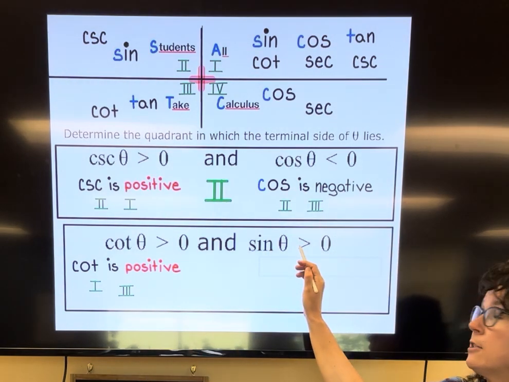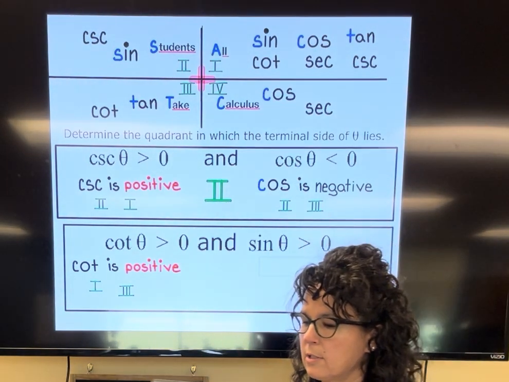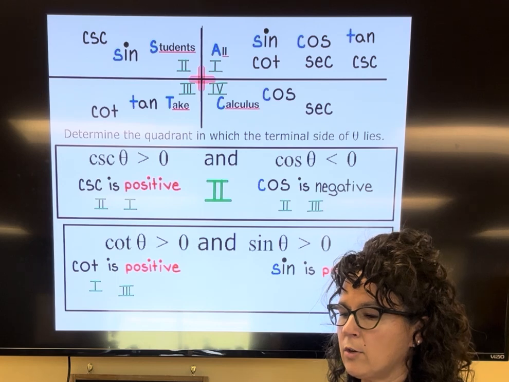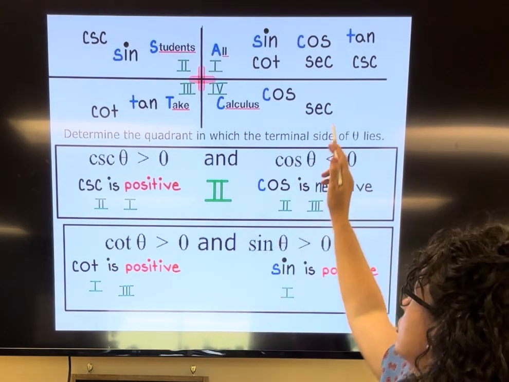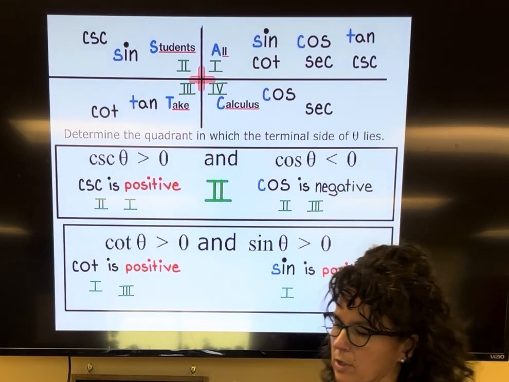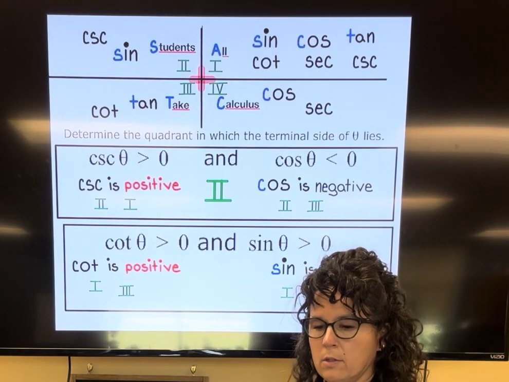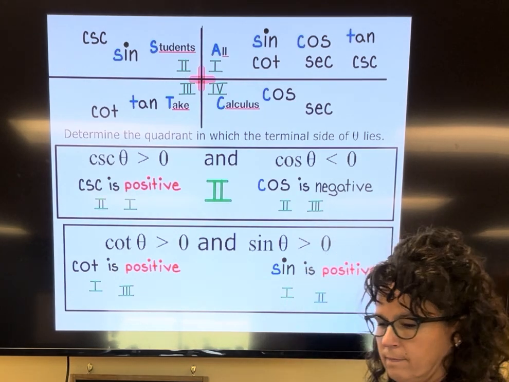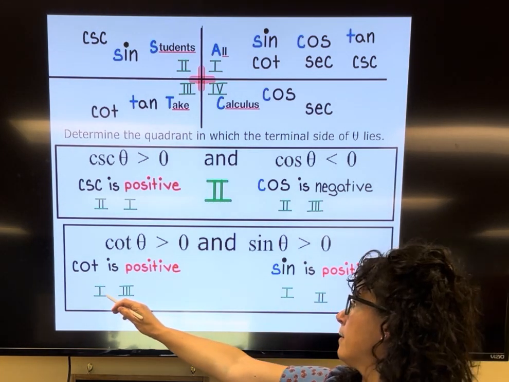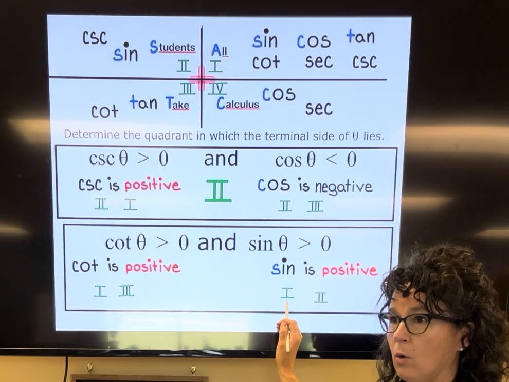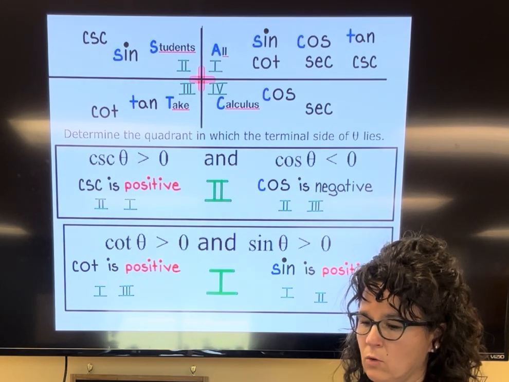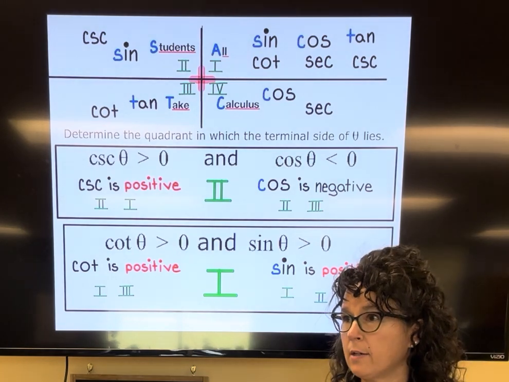Okay, and the sine is greater than 0, which is the same thing as saying sine is positive, and sine is positive in quadrant 1, because all trig functions are positive there, and then it is also positive in quadrant 2. So for both of these statements to be true, that's going to only happen in quadrant 1. So my answer is going to be quadrant 1.